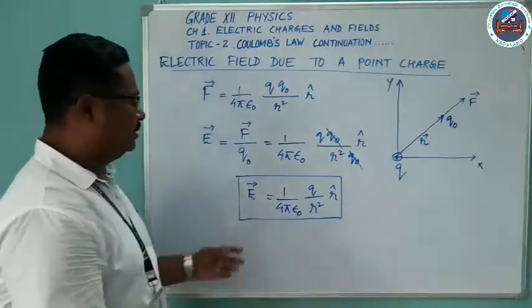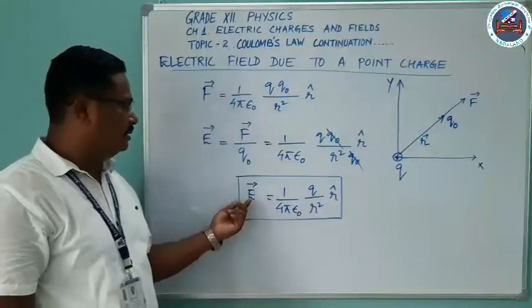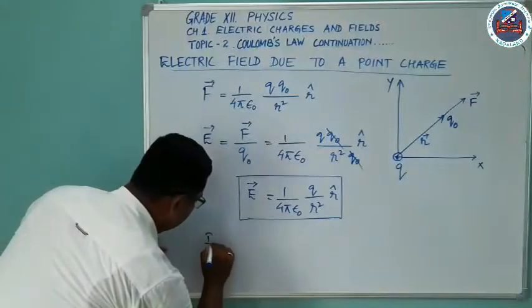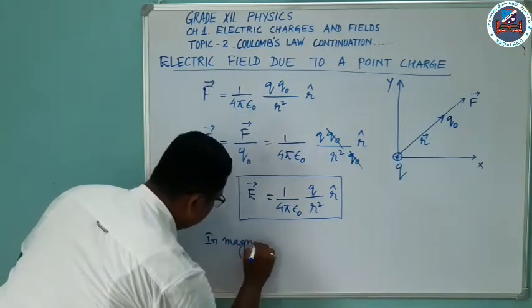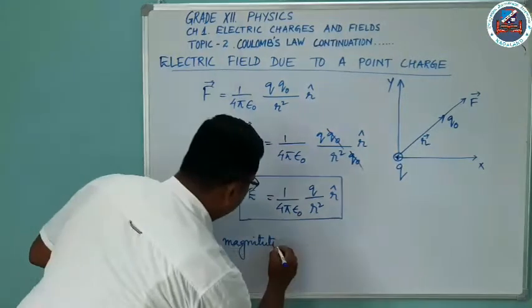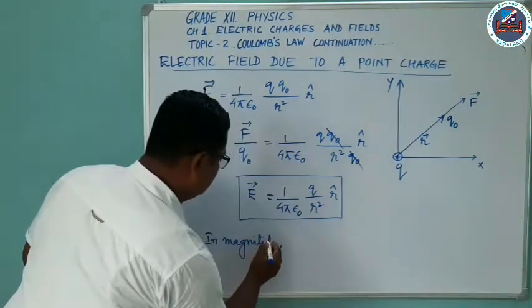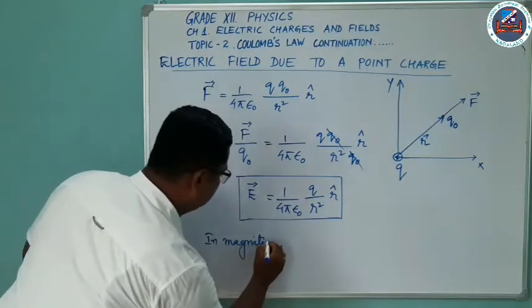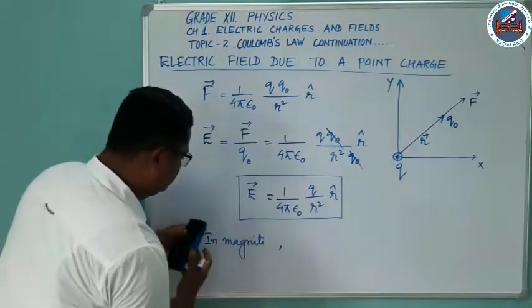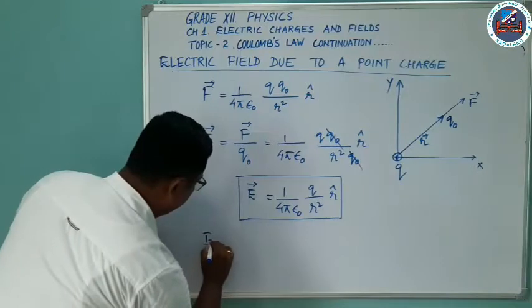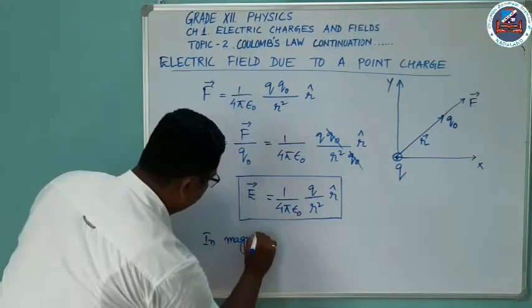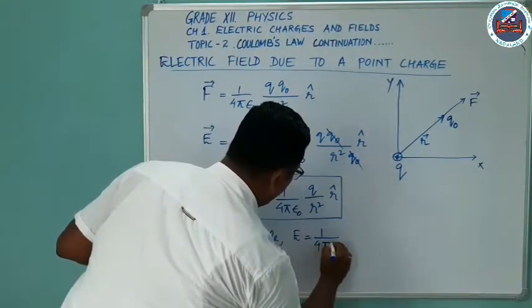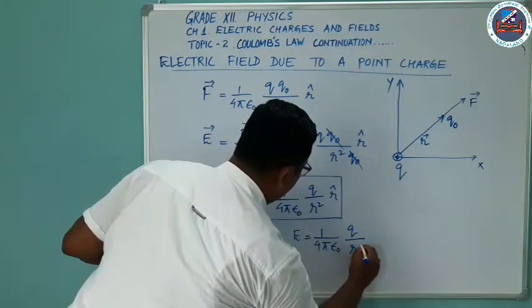This is in vector notation. In magnitude, you will not put the arrowhead and you will not write this r cap. In magnitude form, E is equal to 1 by 4 pi epsilon naught Q divided by r square.